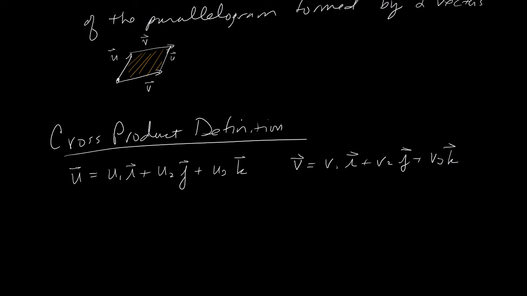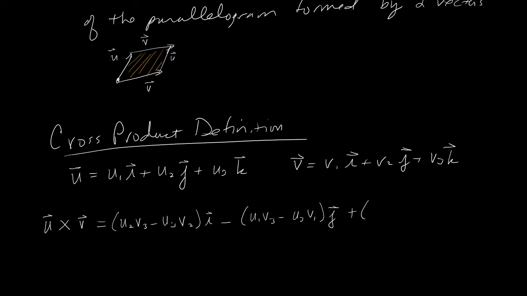The cross product is u cross v, using an x just like a multiplication sign. So u cross v is equal to (u2 v3 minus u3 v2) i minus (u1 v3 minus u3 v1) j plus (u1 v2 minus u2 v1) k.